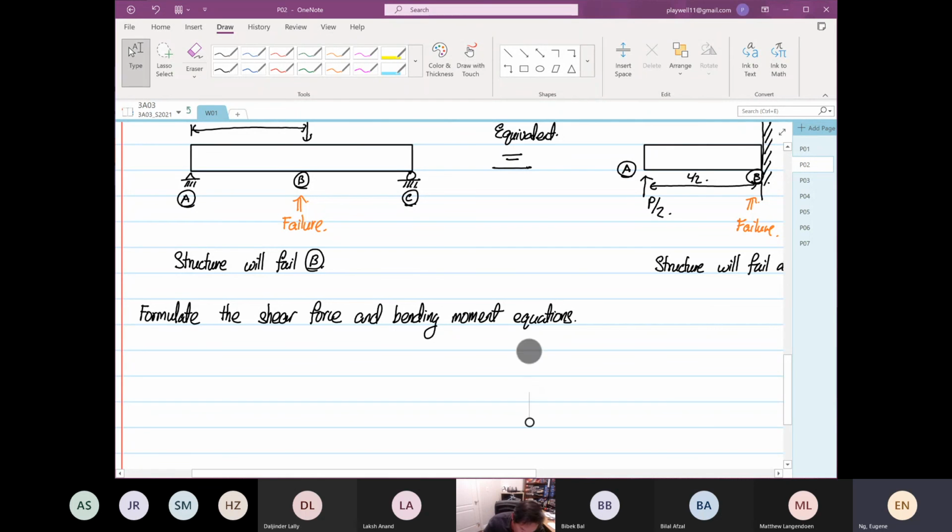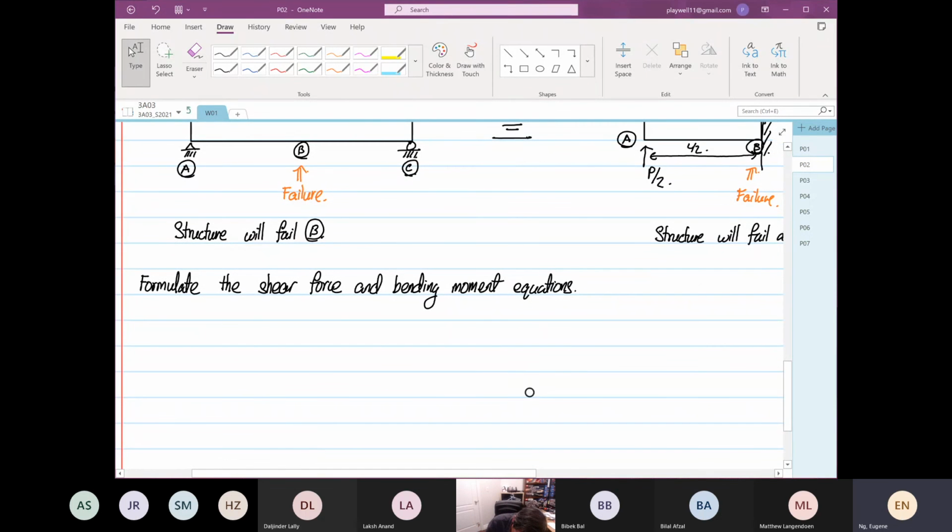We are going to do x from 0 to L/2. So these are our limits, between point A and point B.